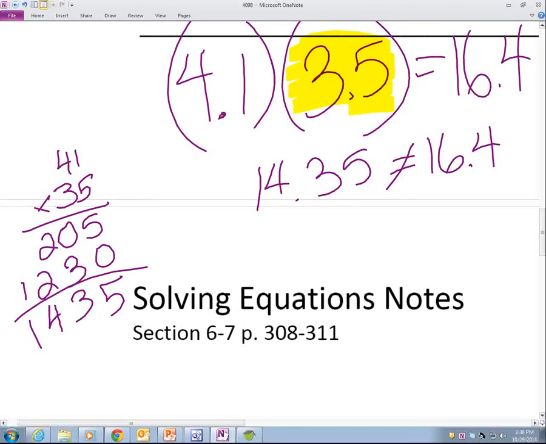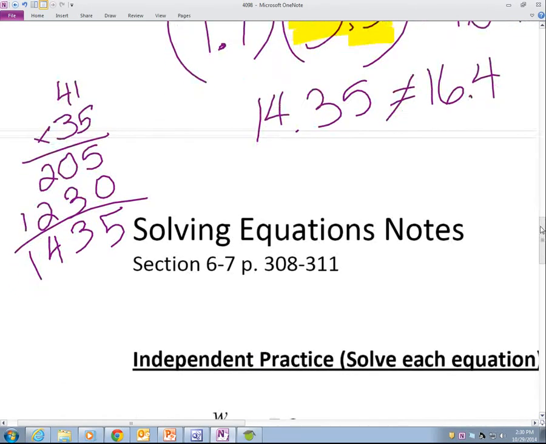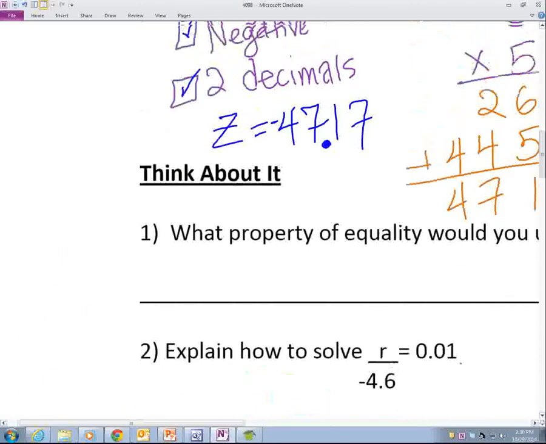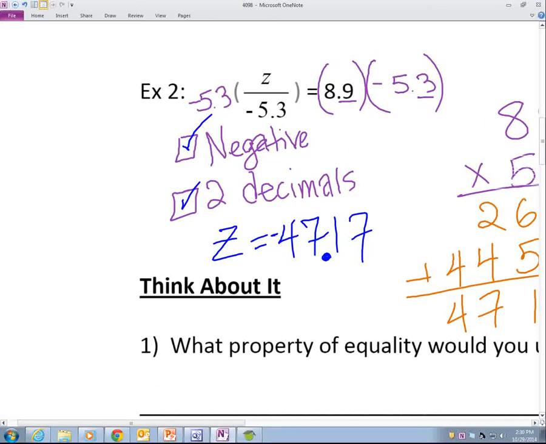Another way to do it is just solve for n, and it doesn't equal 3.5. That's just showing you how to check yourself. If you check your answer and come up with the same thing, like for this one here, you insert this as being this, and if you still get 8.9, you know you did it correct. Good.